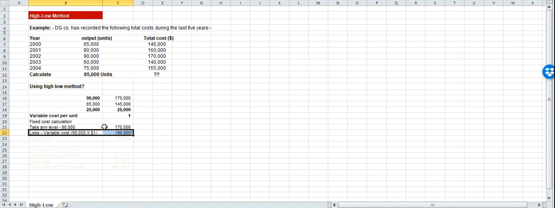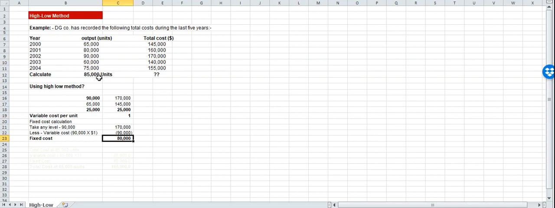From that you have to deduct the variable cost, which is 90,000 at the rate of $1, so which is 90,000. So the difference between the total cost and the variable cost will be the fixed cost. Now we have identified the variable cost per unit and the fixed cost.